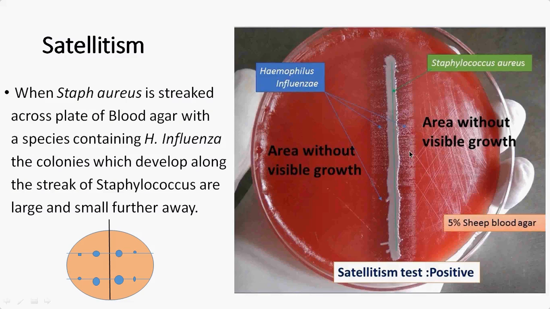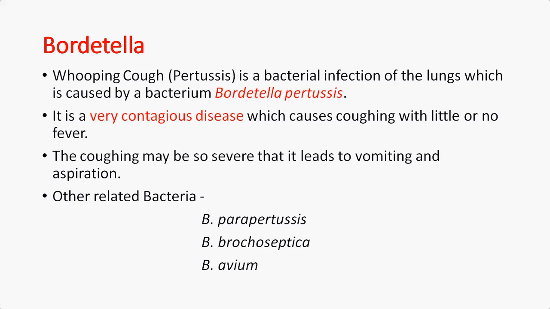Therefore you can see visible growth of H. influenzae just adjacent to the Staph aureus streak area. In the periphery you will see no growth. So this is the satellitism test, important for the diagnosis of Haemophilus influenzae.